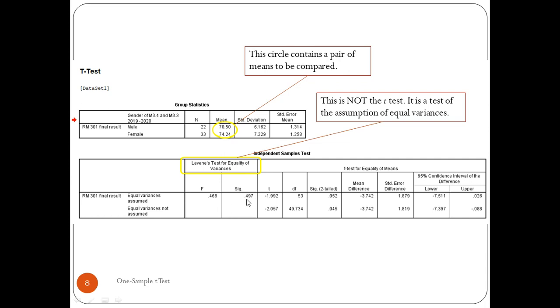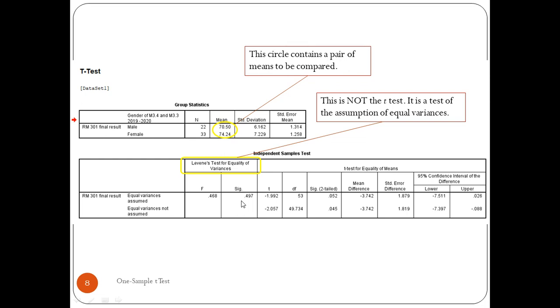I want to emphasize how to read the Levene test results. We look at the magic number, I call it the magic number, this p-value.